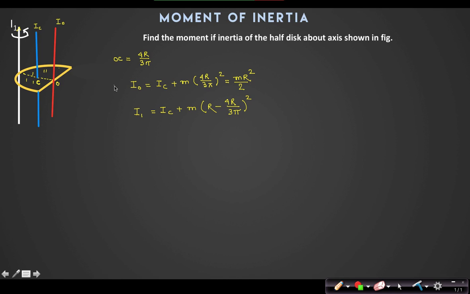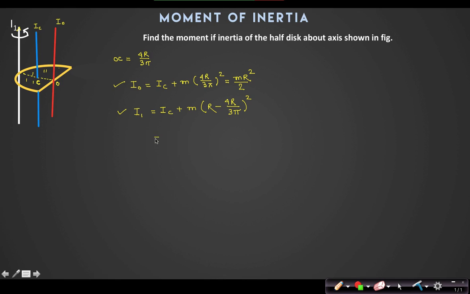Whenever you use the parallel axis theorem, you should include the term IC. Otherwise, for any axis, if you write I1 equal to IO plus mr squared, is it a valid equation? No. You should pass through the center of mass every time.